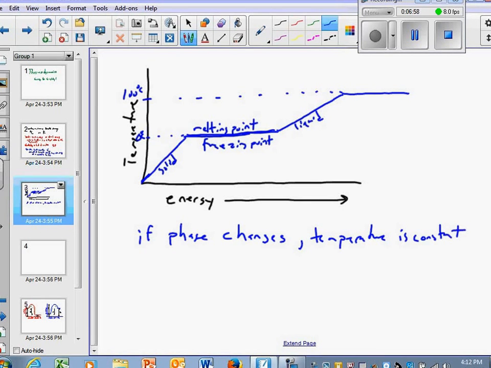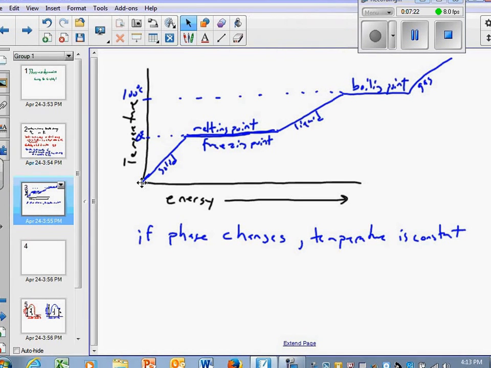Right? And that constant temperature is the melting point or the boiling point of the substance. And then once it's all gas, the temperature can get raised again. Gases tend to heat up very quickly, so they tend to be a much steeper line.